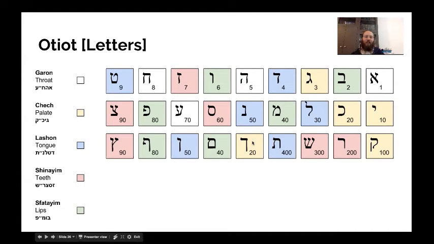Then you've got the ending letters: Chaf Sofit, so it's 20, Mem Sofit, so it's 40, Nun Sofit, 50, Pei Sofit, 80, and Tzadi Sofit is 90.